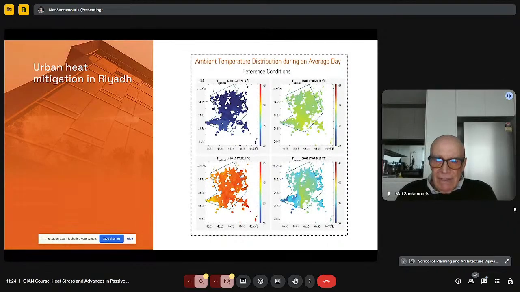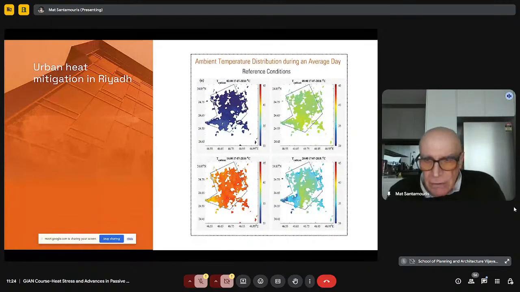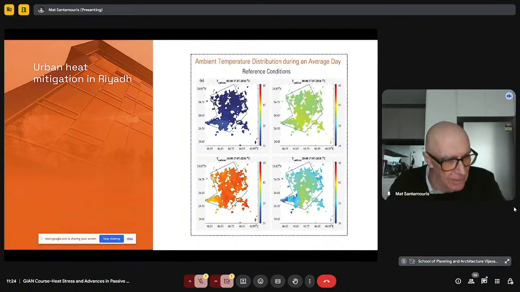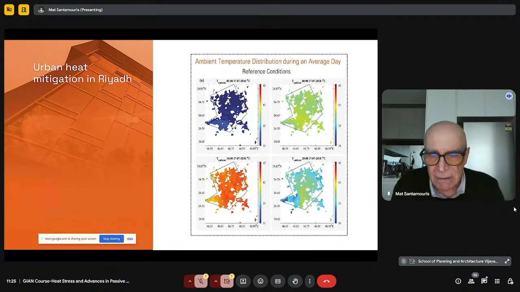But it is very important to understand the range of variation of the temperature, not in the whole city as an average value, but the distribution of the temperature in the city for each one of the grids, because we have to implement mitigation technologies not generally at the city level, but for the different parts of the city.